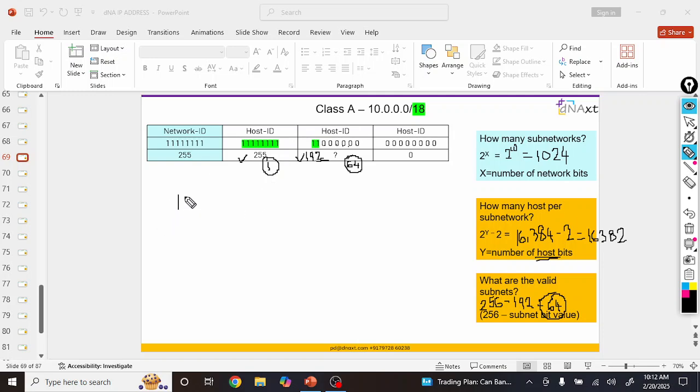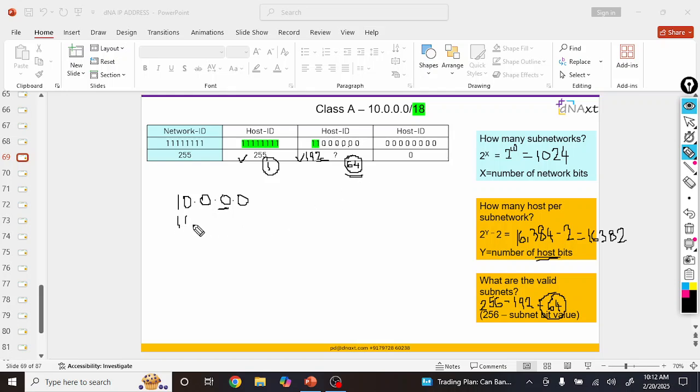For example, when we start with 10.0.0.0, first we'll do the increment in the third octet. When there is no possibility of increment in the third octet, then we will go to the second octet. There will be an increment of 1 in the second octet. Again, then we will start incrementing by 64 in the third octet.